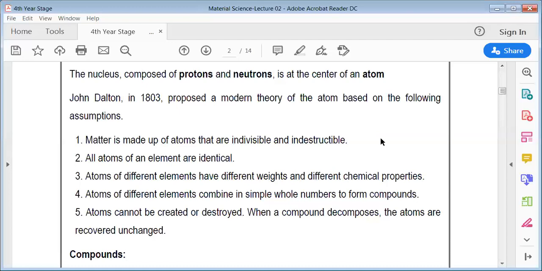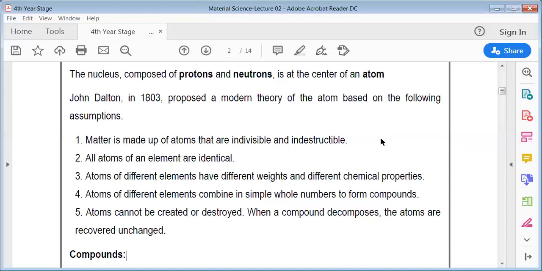Or, for example, two hydrogen atoms combined with two oxygen atoms make hydrogen peroxide. So a number of atoms combine with another number of atoms to make a compound. And the compound may consist of two atoms or three or four or five.